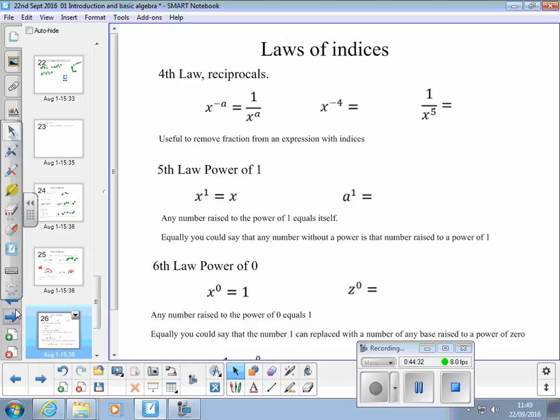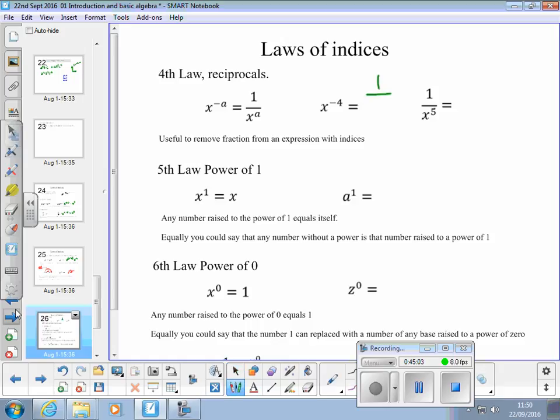Reciprocals. X to the minus a is equal to 1 over x to the positive a. All a reciprocal is, is turning a fraction up the other way. So if you apply the reciprocal of a fraction, you effectively spin it up the other way. So the index changes sign as it goes from top to bottom. So how could we write x to the minus 4?